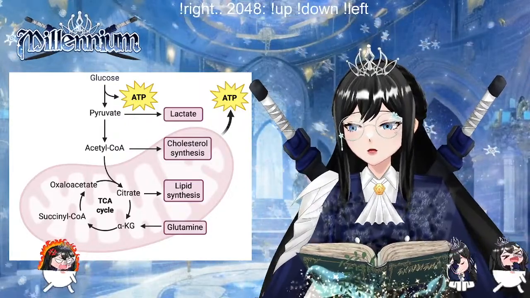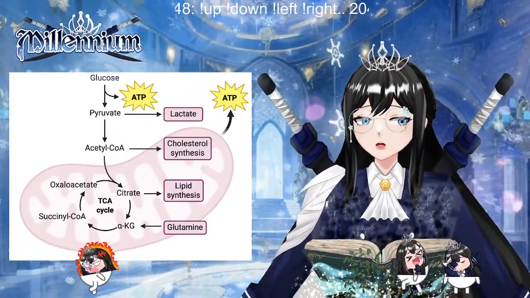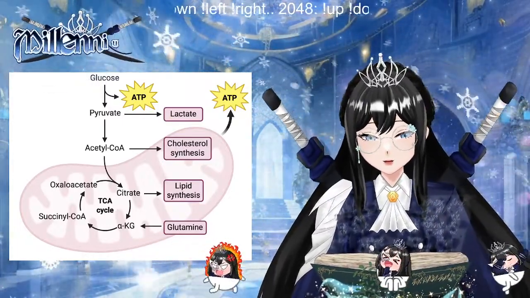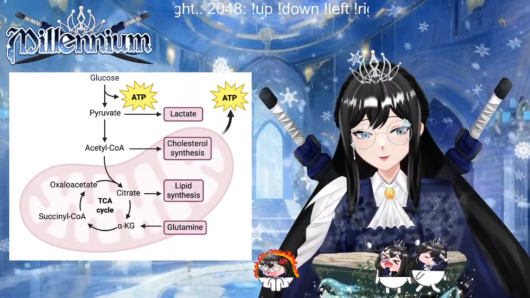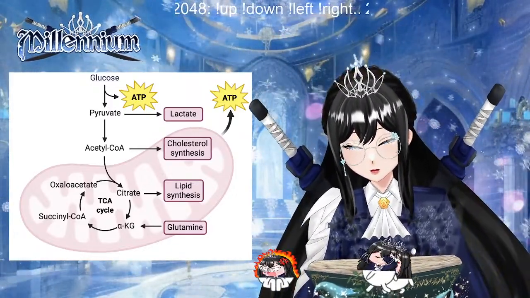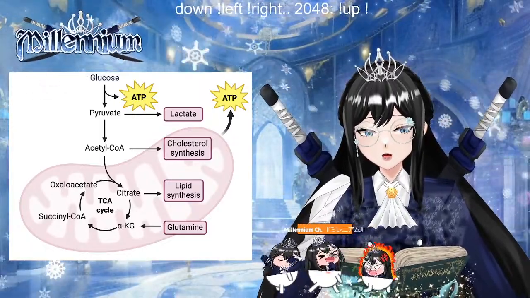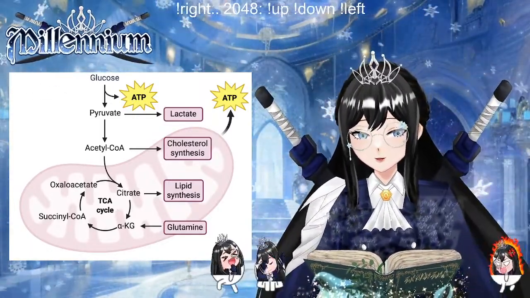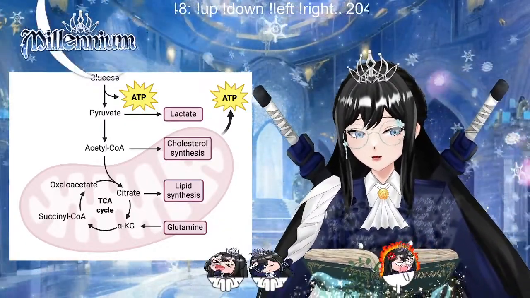It sounds cool for some reason. If you just say, I work with PFK1, sounds cool. So PFK1 is inhibited by high levels of ATP and citrate. Why is that important? Because if you already have a lot of ATP and citrate, you would not need to do glycolysis because you already have a lot of the products.